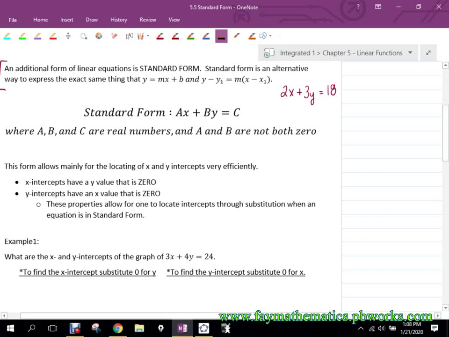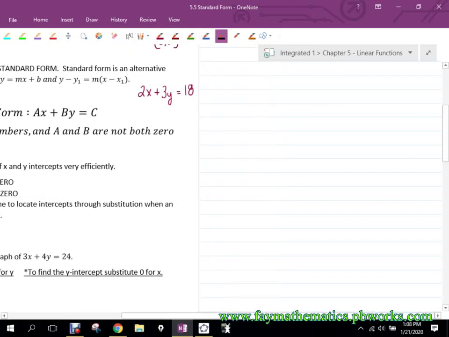Okay? It says these properties allow for one to locate intercepts through substitution when an equation is in standard form. So, instead of doing all the routes that are available to us that are maybe more time-consuming, we can now do this. If I have my equation 2x plus 3y equals 18, and I understand x and y intercepts, every line that is non-vertical or non-horizontal is going to have an x-intercept and it's going to have a y-intercept. Does that make sense?